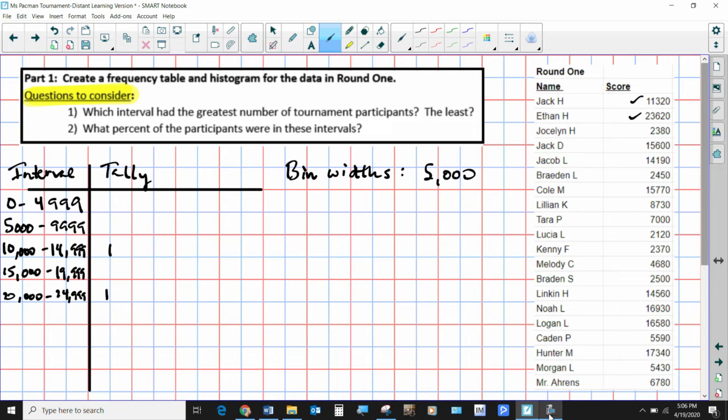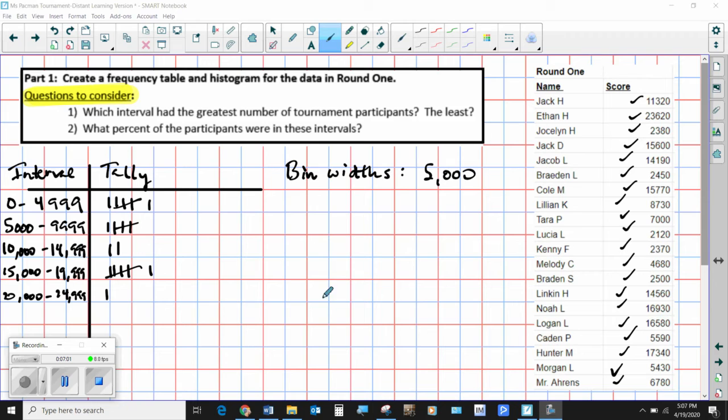Okay, I'm going to go ahead and pause mine as well, and fill in all these tally marks. Okay, welcome back. So I've filled in all of my tallies. And so now what do we have? Looks like we got 6 people scored in this region. We have 5 people scored in that region, 2 people in this region.